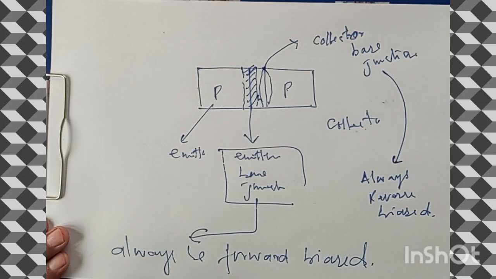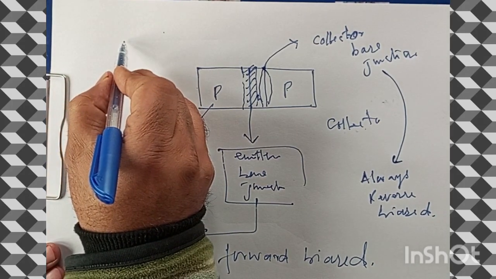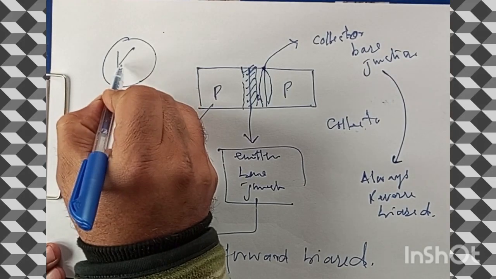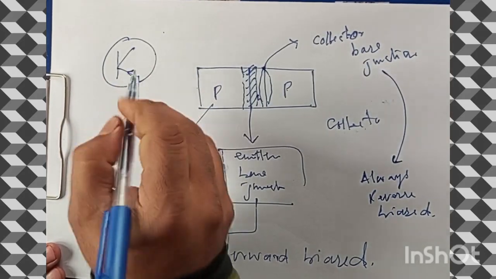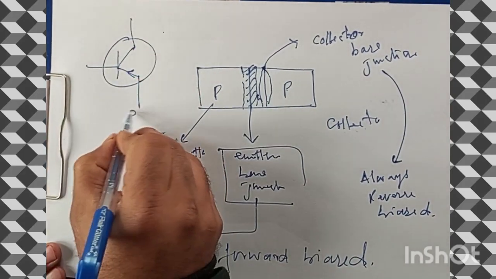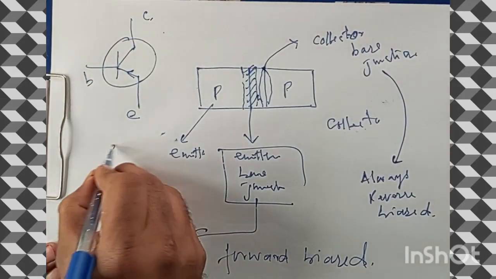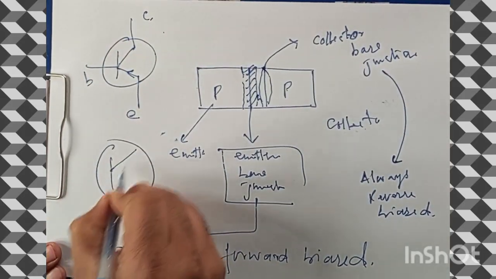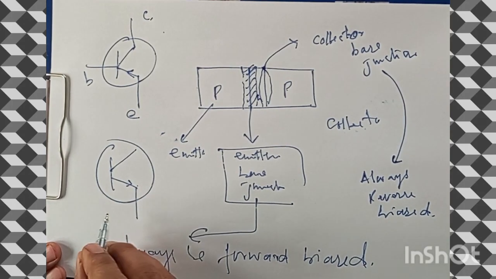Now, this was all about the symbolic presentation of a transistor. If I have to go very fast, this is my PNP transistor, with the emitter, the base, and the collector, and this is my NPN transistor.